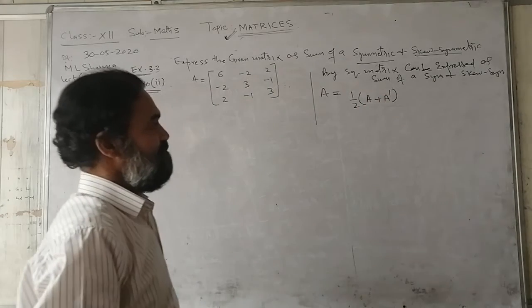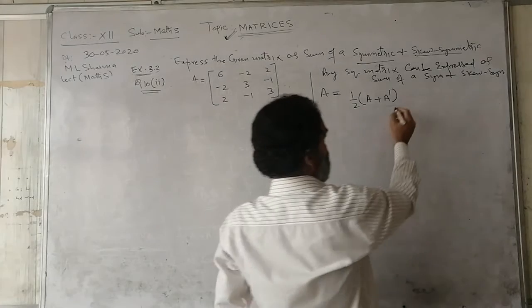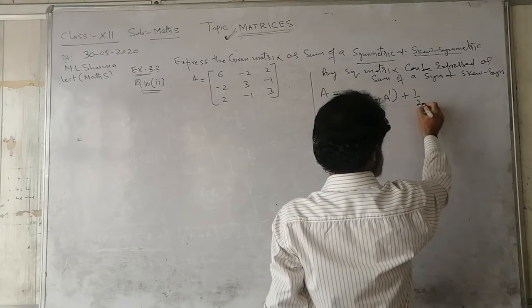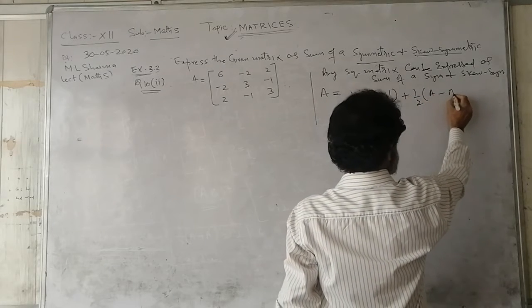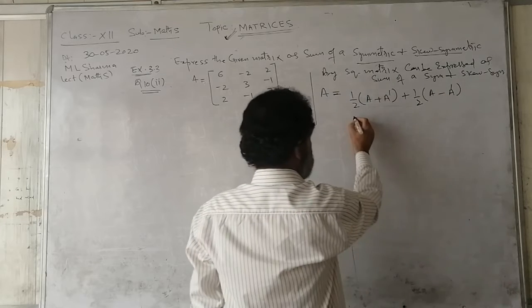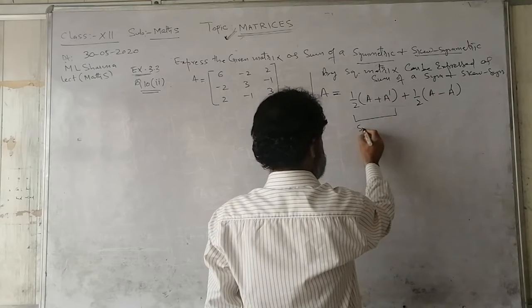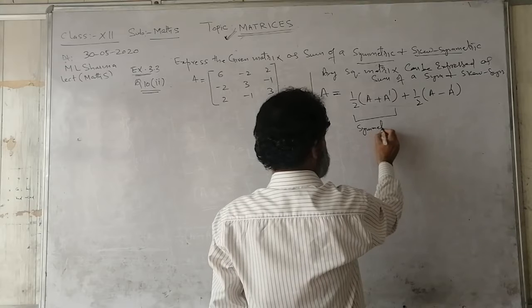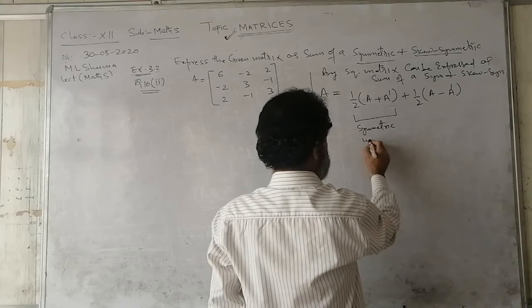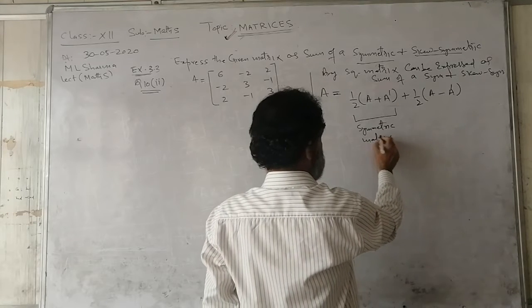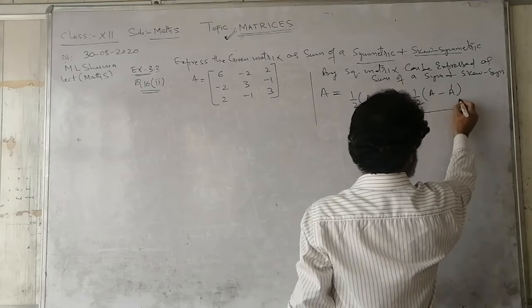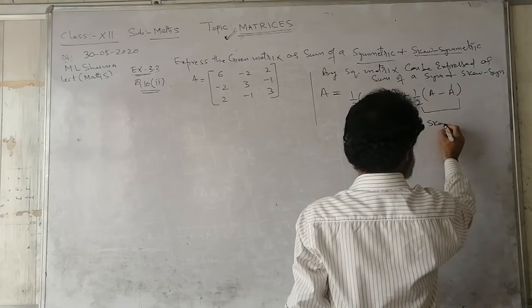half of A plus A transpose plus half of A minus A transpose. So this part is symmetric matrix and this part is skew symmetric.